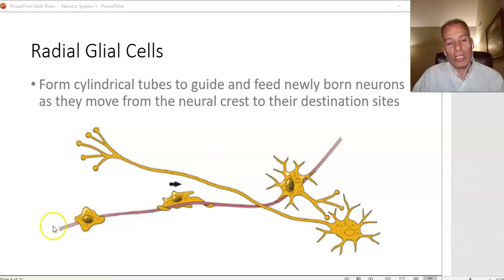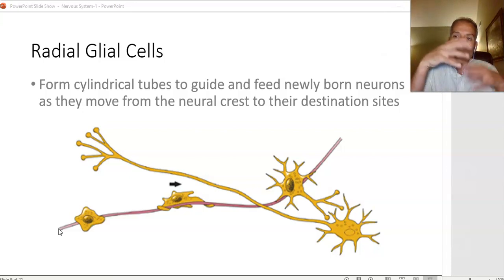And these hoses extend from the area of the neural tube where the brain cells are born at the beginning, especially in early development when there's cell migration and proliferation.